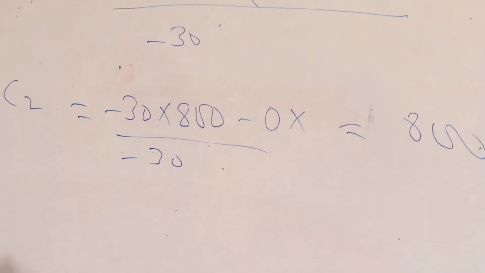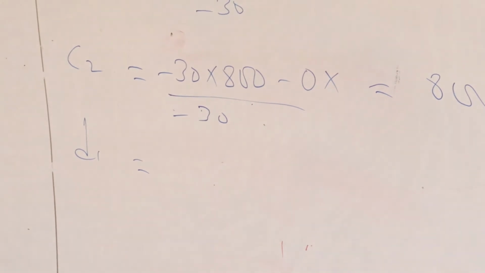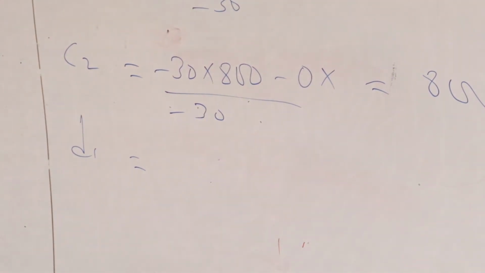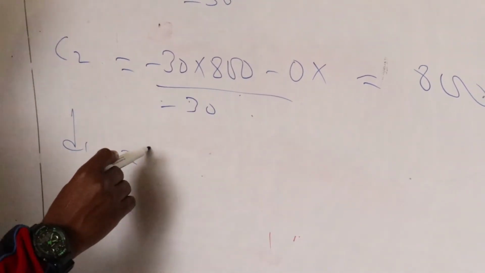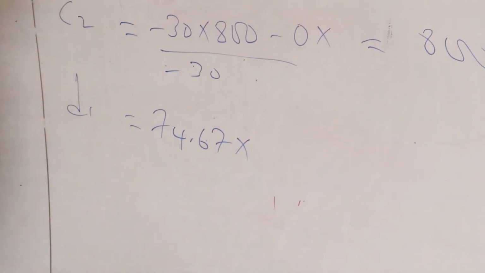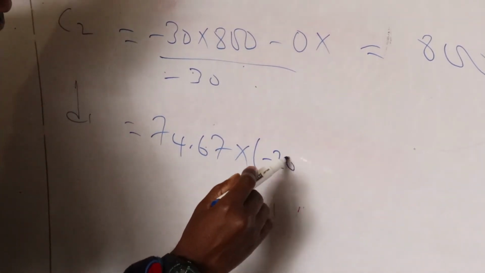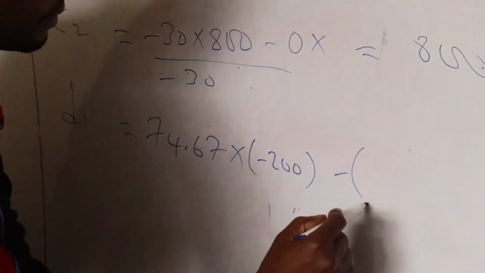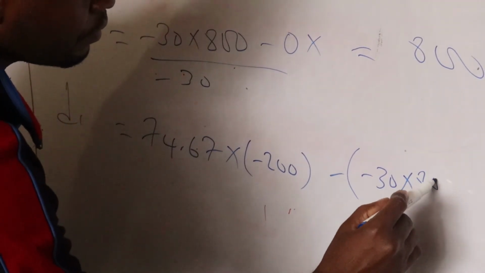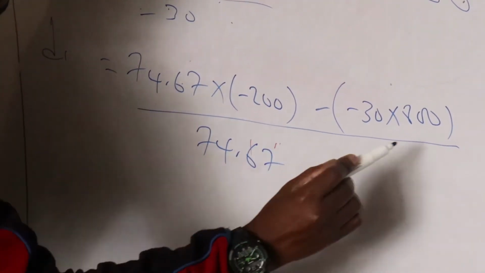What of D1? 74.67 times minus 200 minus 30 times 800, then all over 74.67.